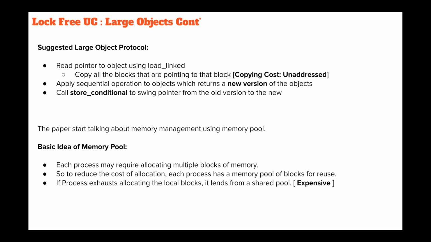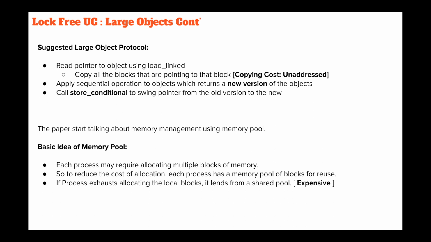After this, the paper starts talking about memory management using a memory pool. Whenever you copy the blocks into the process memory, you are not allocating new memory as such for the block. You will be reusing memory blocks which are there in the memory pool of that process.